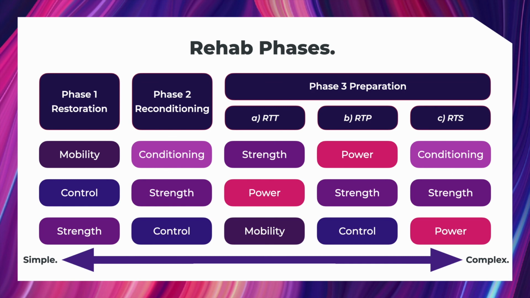You might go from phase 1 to phase 2, then into 3A, and then think, we jumped the gun a little too soon, let's go back down to phase 2, and so on. So it's a really nice pathway, but it's just a pathway, not a recipe, so you've got to insert your own exercises and drills where you see fit.